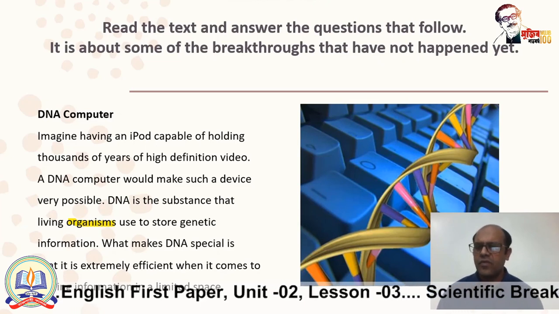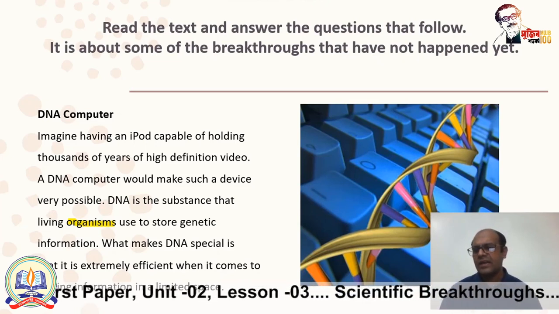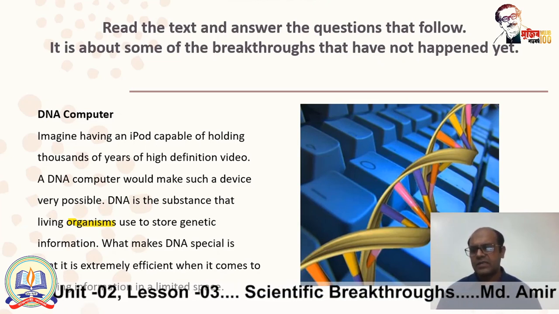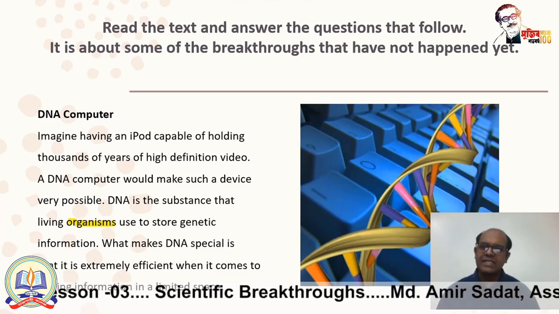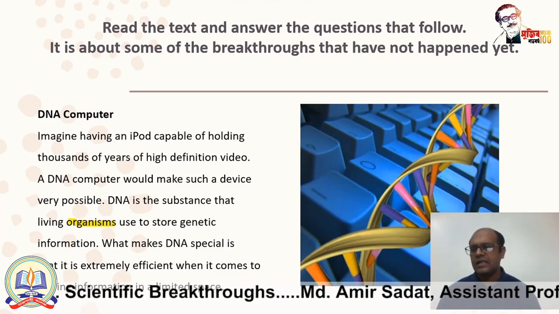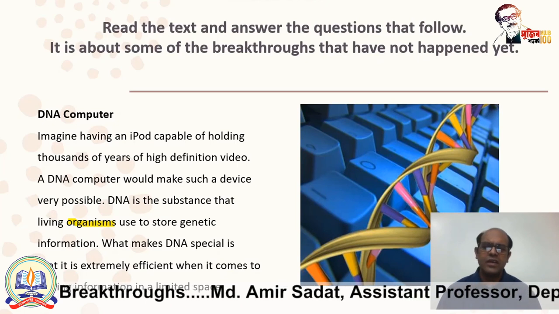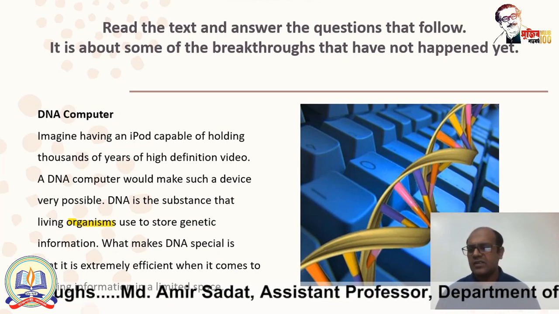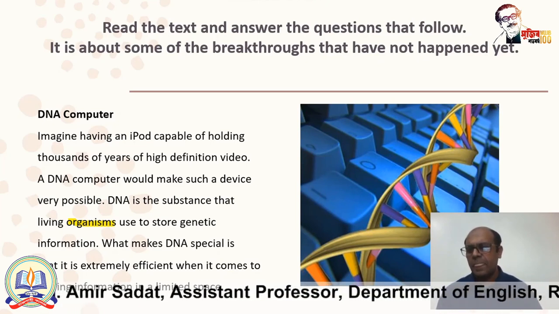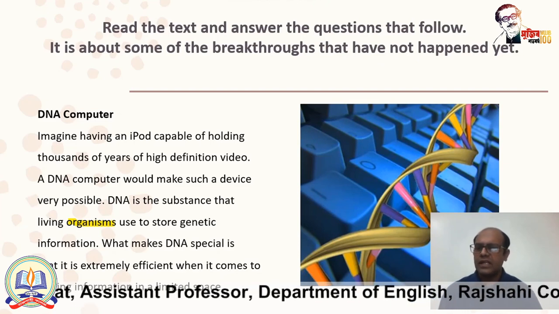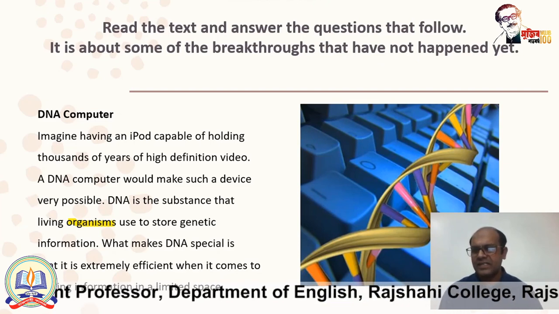Here is a word, organism. I have highlighted this word because there are some words which are difficult for you to understand. So I have highlighted the difficult words, and I will explain the words for your better understanding.